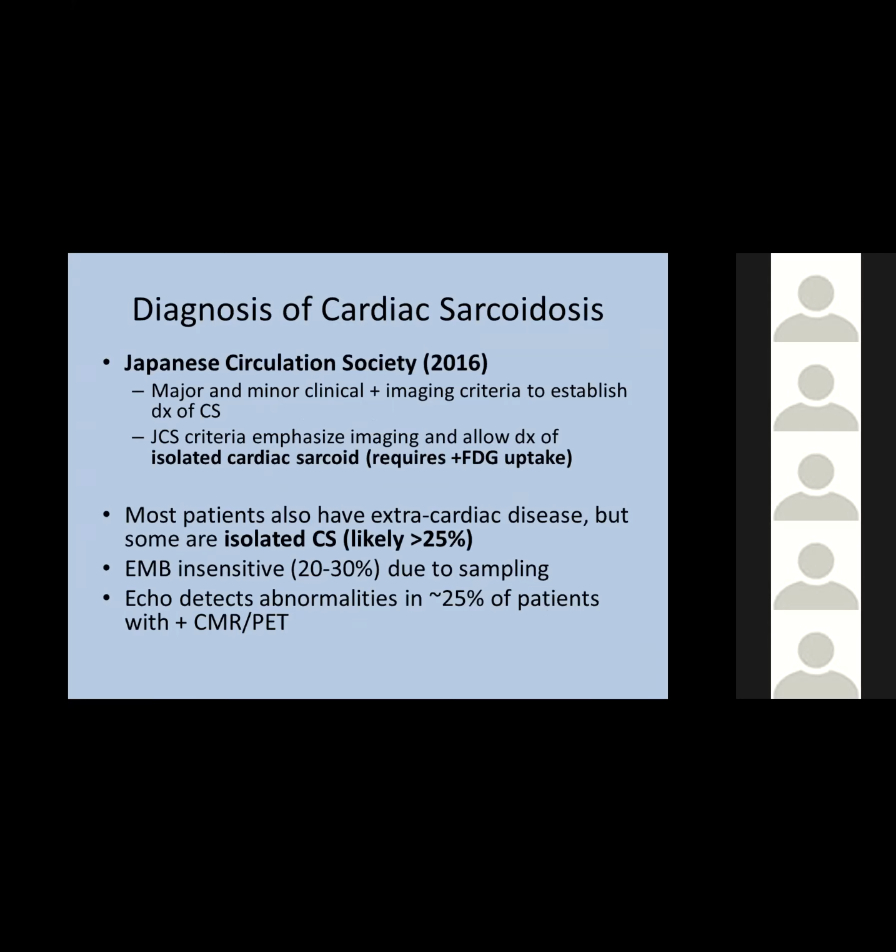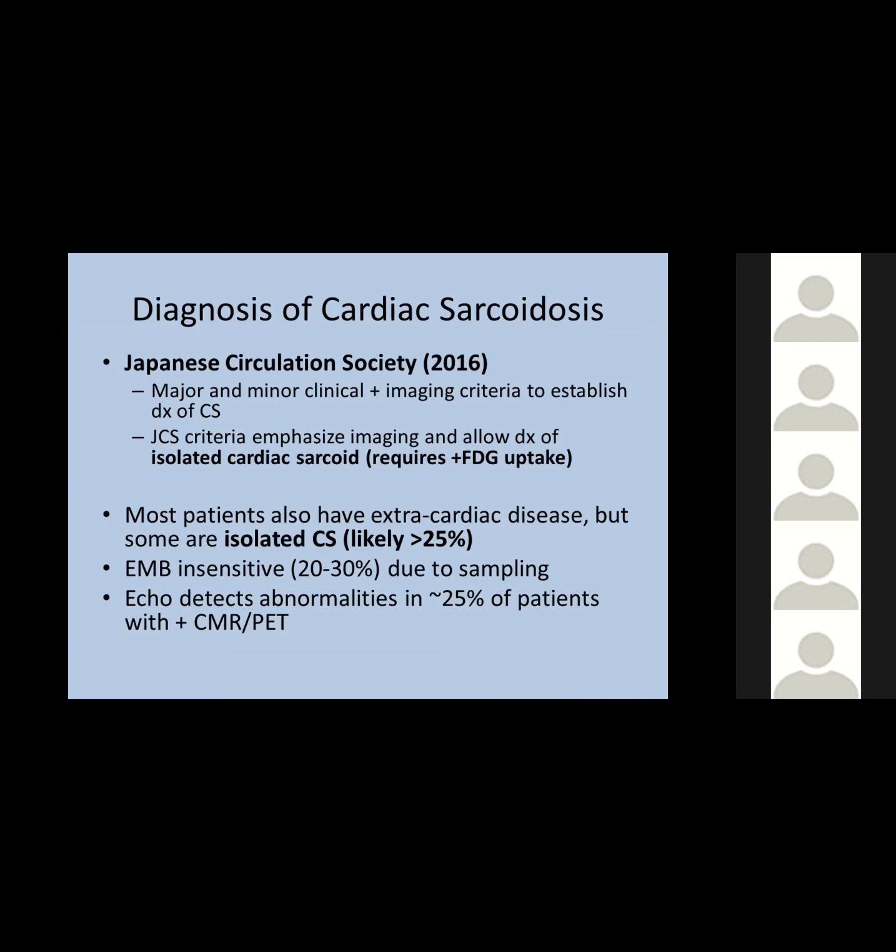There are a number of different diagnostic criteria used, but the most common in current use is the Japanese Circulation Society, which came out in 2016. That's a combination of clinical and imaging and biopsy criteria that allow a diagnosis potentially without biopsy in certain scenarios, and it can also allow you to recognize isolated cardiac sarcoid, which is actually quite a bit more common than was once thought.